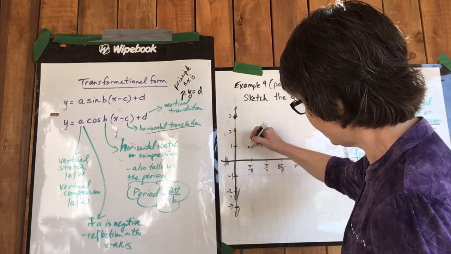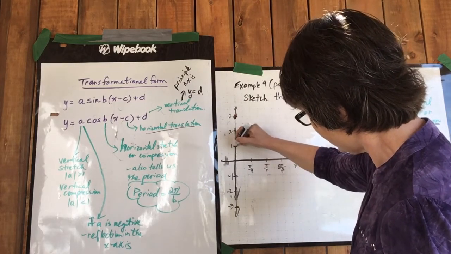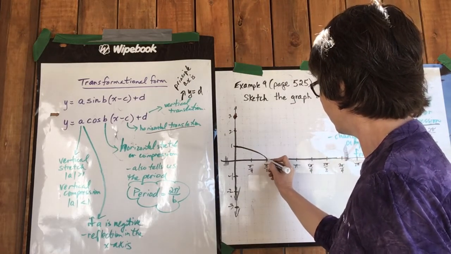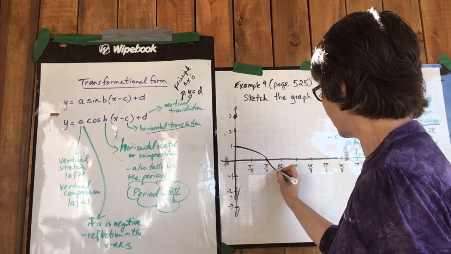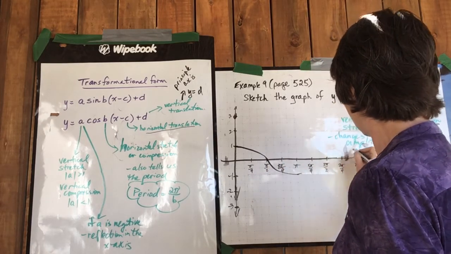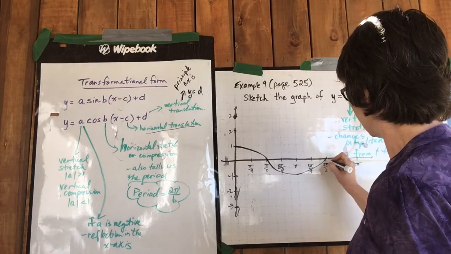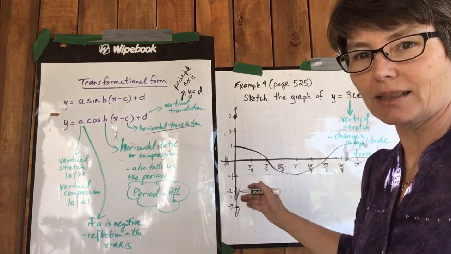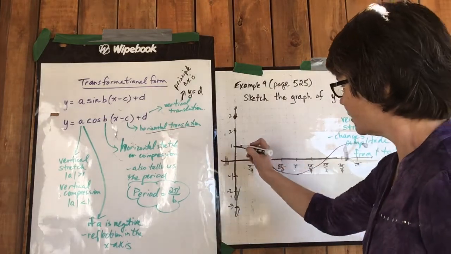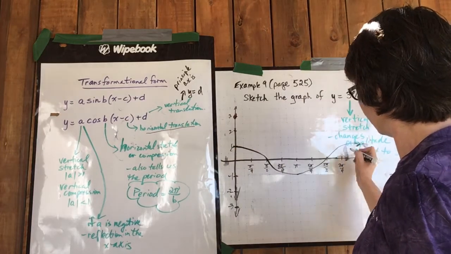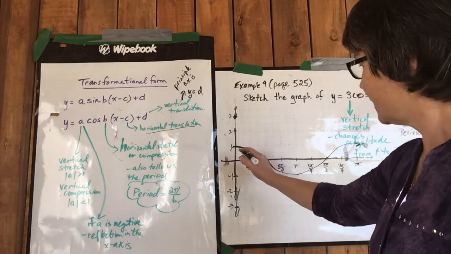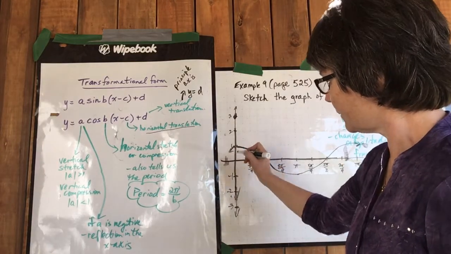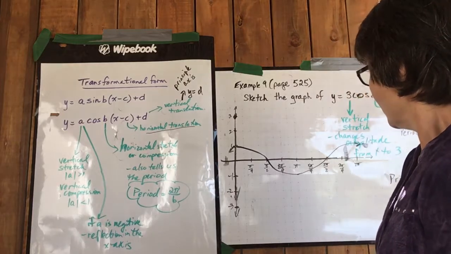It would be here, coming here, down to here, back up through there and here. Because my y-axis scale is a lot different than in the last video, it looks a little bit different, but it has the same period, 2 pi, and the same shape, going through the maximum at the y-axis. All right, so we're graphing this one.